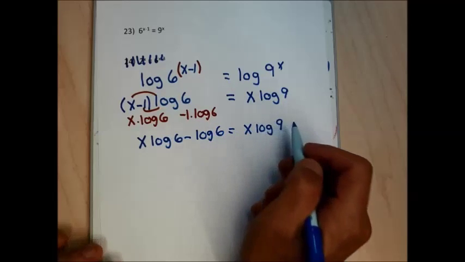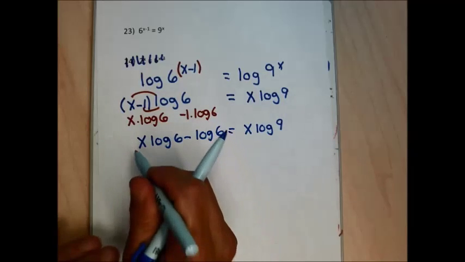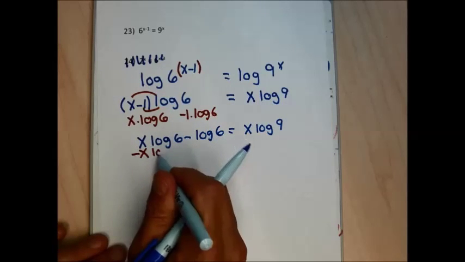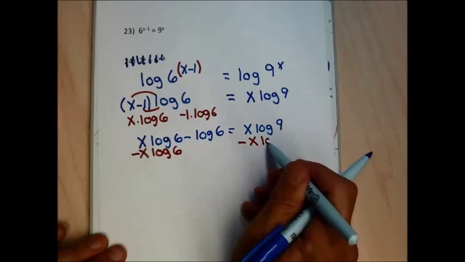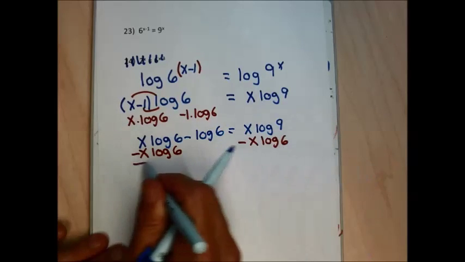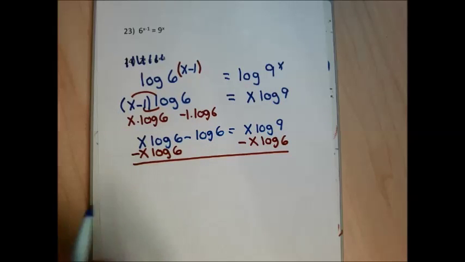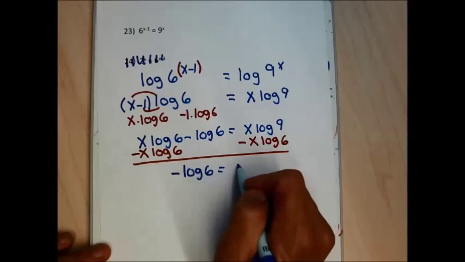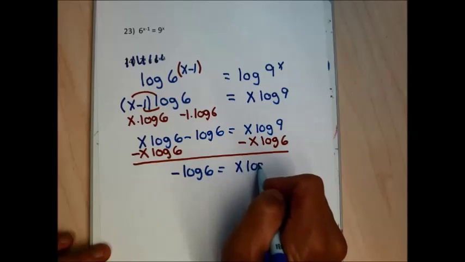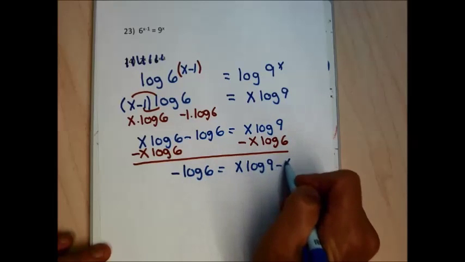I shouldn't get this equal to 0 because there's not a square. I should get the x's on one side, the numbers without the x's on the other side. To do that, I'm going to subtract x log 6 from both sides. That's going to give me minus log 6 on the left side, and on the right side, x log 9 minus x log 6.